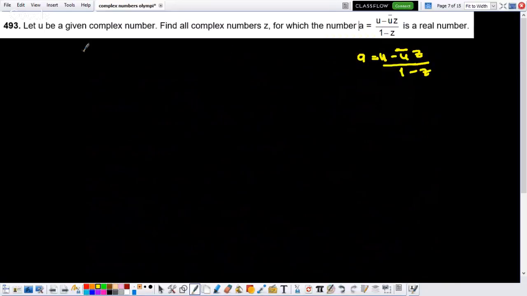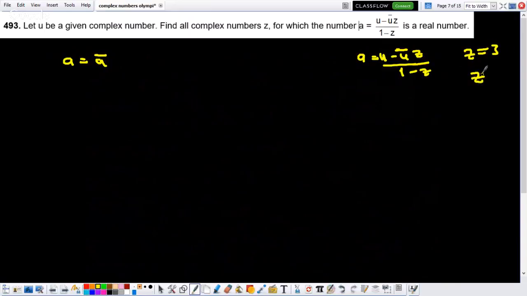Let me explain that one, and I'm going to use this form also. If a is a real number, then the conjugate of a is also going to be a real number. This is very important for us. Because, let's say, let me write, z is equal to 3.